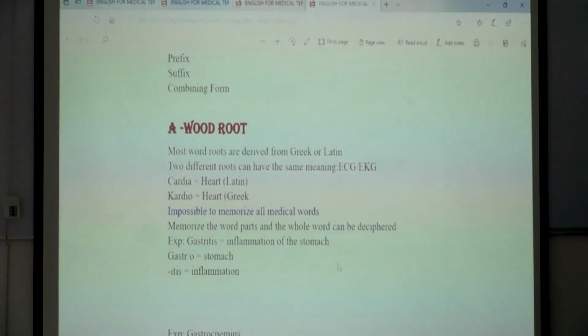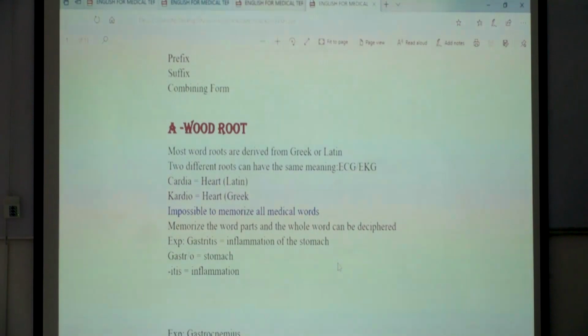Gastroenteritis. Gast means the stomach, o means the vowel, the combining vowel. Enter is the intestine, and itis is the suffix meaning inflammation. So we have gastroenteritis.